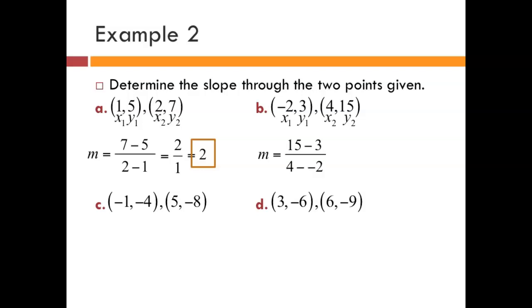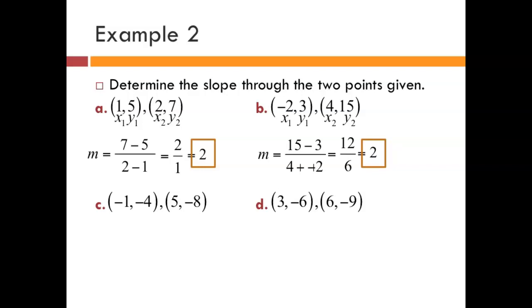Be very careful with those negatives and minuses. This is the same as adding the opposite, so this is the same as 4 plus 2. So 15 minus 3 is 12. 4 minus negative 2, or 4 plus 2, is equal to 6. 12 over 6 is equal to 2. So this also has a slope of 2.